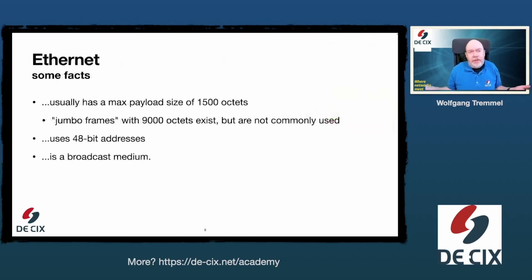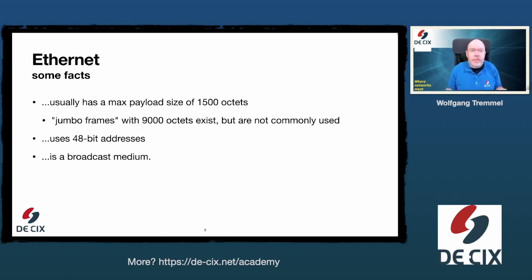Ethernet, remember, has a payload size of maximum 1,500 octets. There are jumbo frames, but they are not commonly used. Ethernet also uses 48-bit long addresses, and to get them, a hardware vendor must purchase a block of addresses and they are burned into the hardware. So the addresses of Ethernet are usually hardware configured.